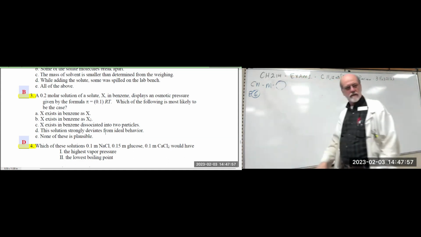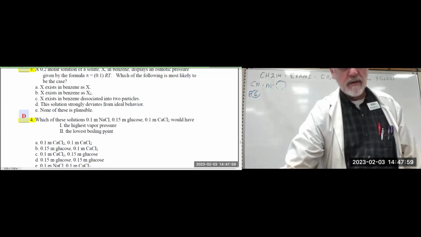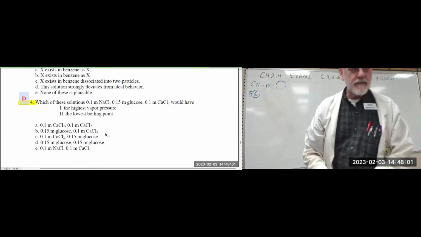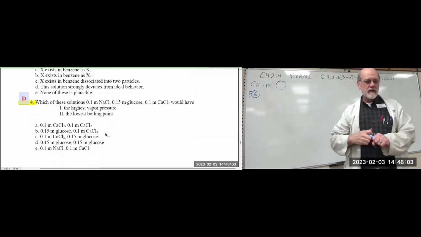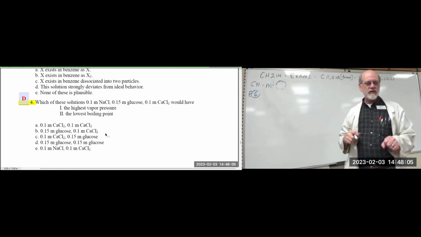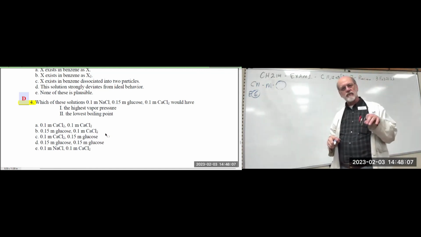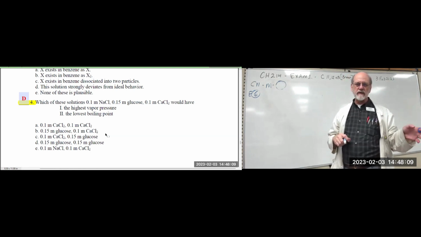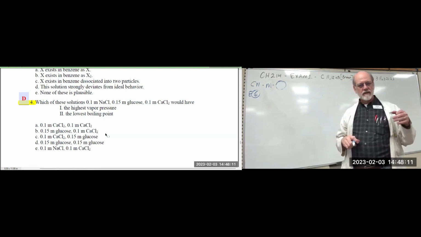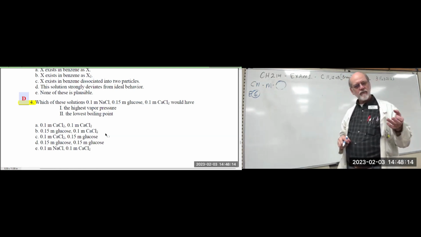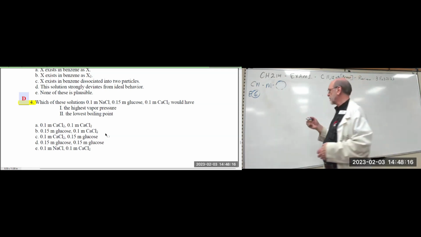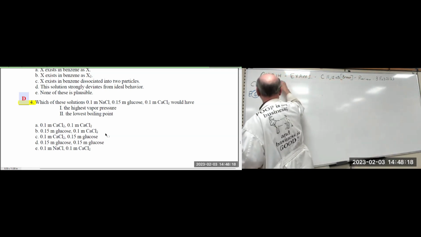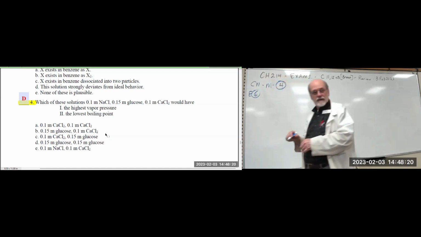All right. 4. Which of these solutions, 0.1 molal sodium chloride, 0.15 molal glucose, 0.1 molal calcium chloride, would have the highest vapor pressure and the lowest boiling point? All right.